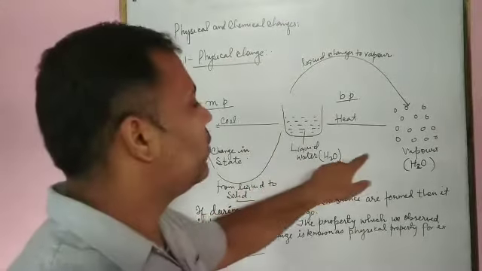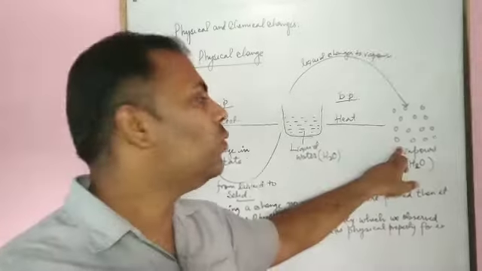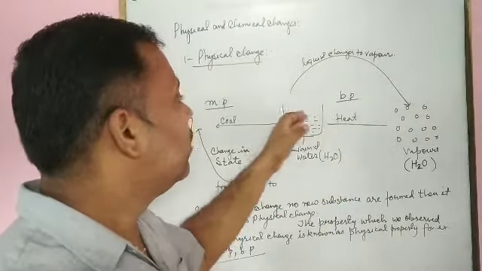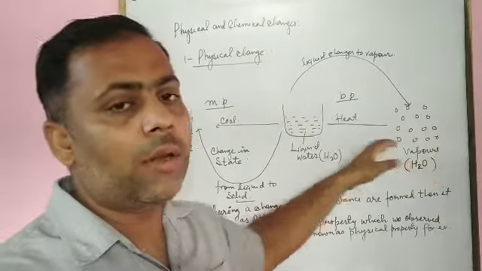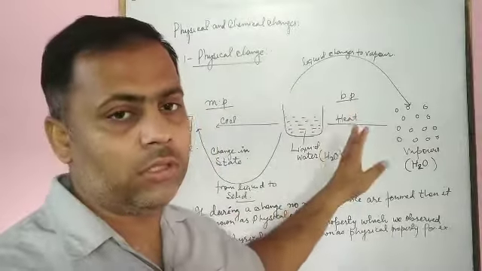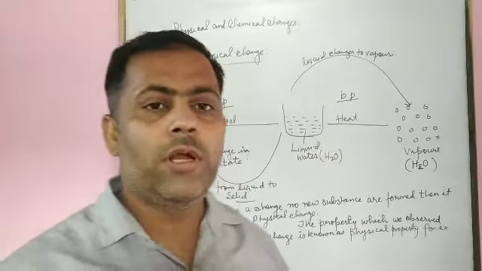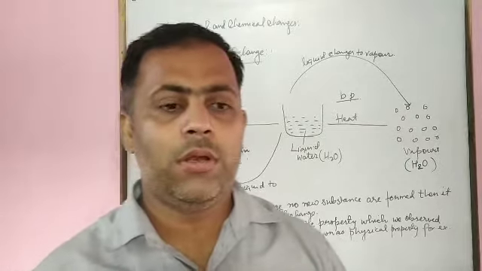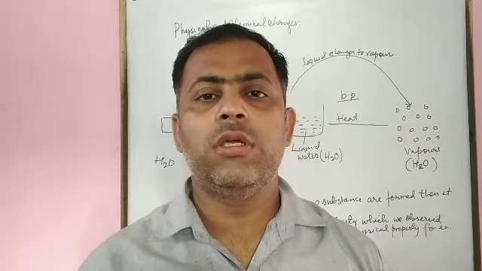Liquid water can be converted into vapor, vapor can be cooled into liquid water. It means they can be reversed. It means this is a physical change and it can be reversed, then it is termed as reversible physical change.